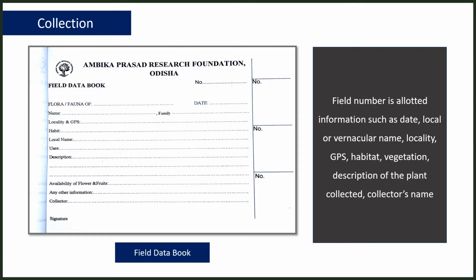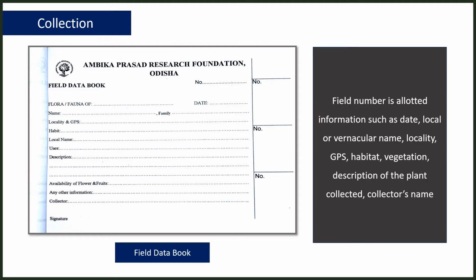You have to mention the habitat, the vegetation, and the description of the plant. You have to write down the plant characteristics, any key character if you can find. All these things you have to collect along with the collector's name.